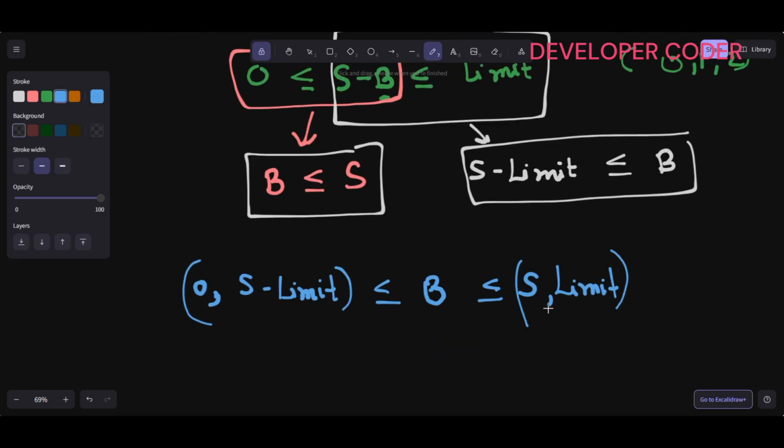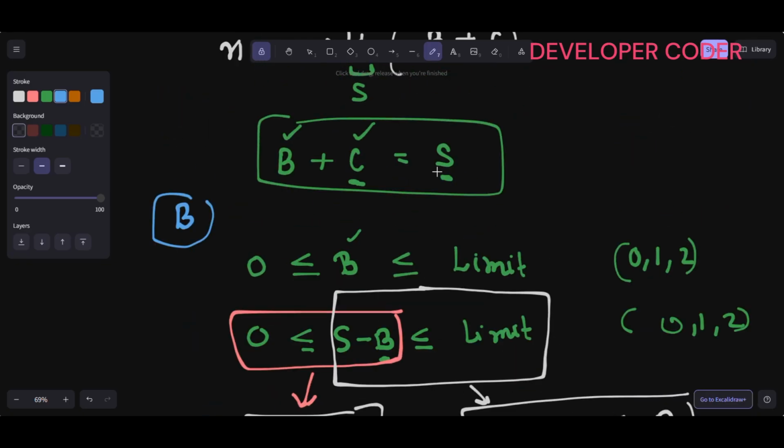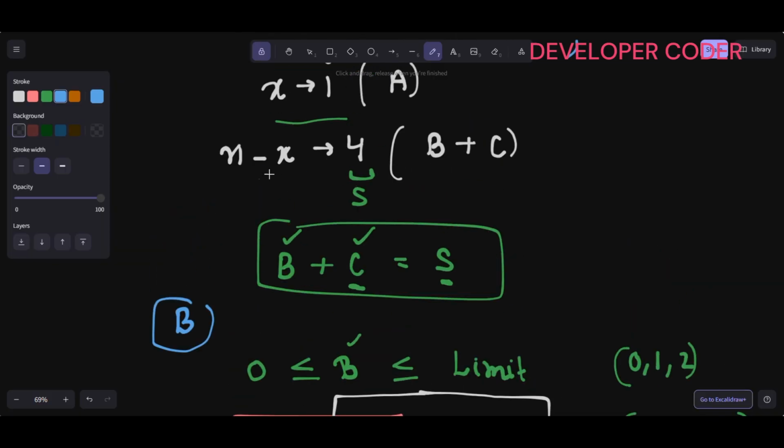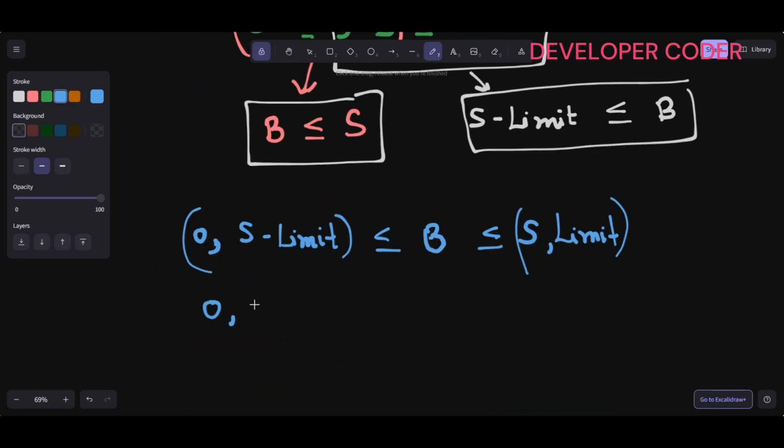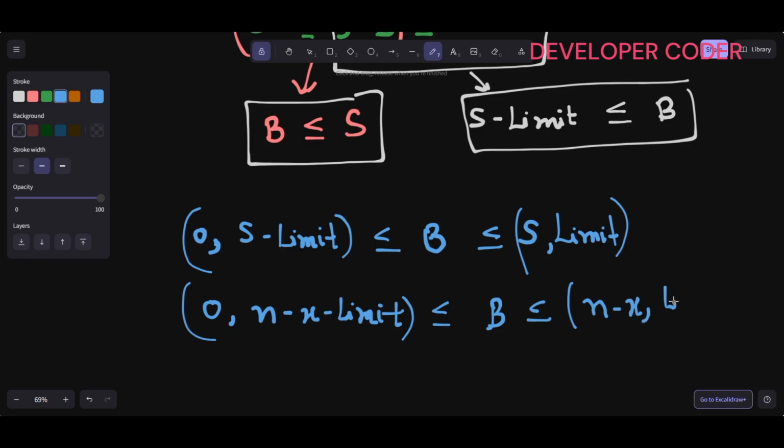I can also write it like this: 0, S minus limit, where S is nothing but N minus X. So 0, N minus X minus limit is the range for B, and it should be less than or equal to N minus X, comma, limit here. I can write it like this.